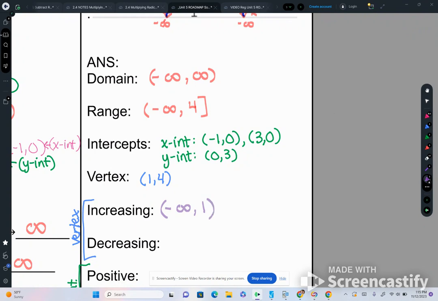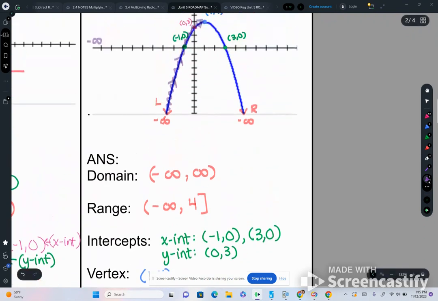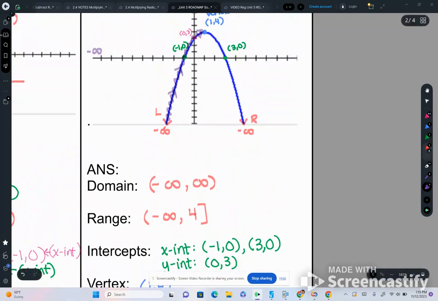And again, we just have parentheses when we're talking about increasing and decreasing. And then it's decreasing, so it's going down. It hits that vertex point, that 4, and from that point on, my values are going down. So that means it's decreasing.